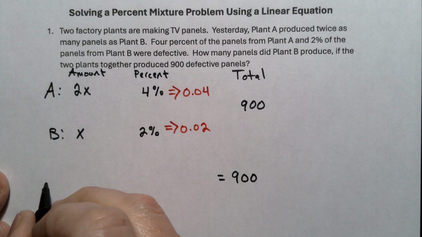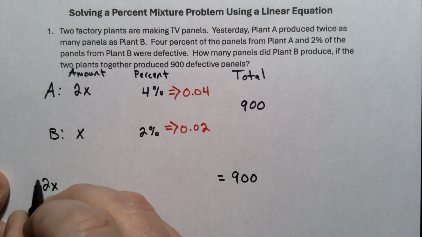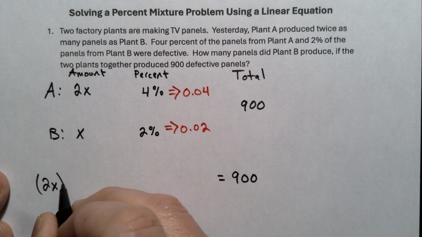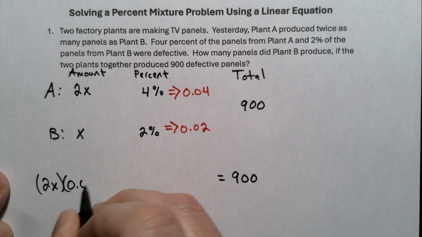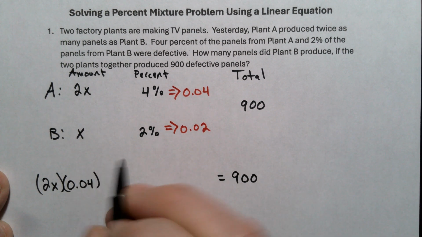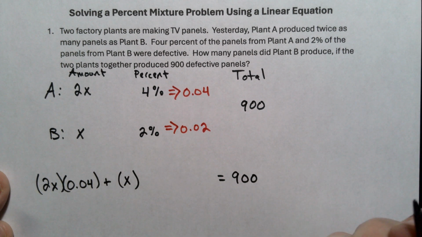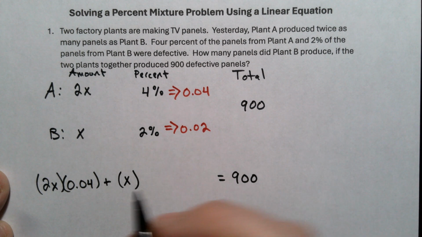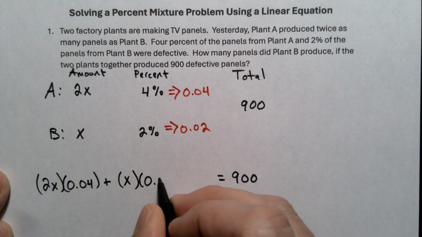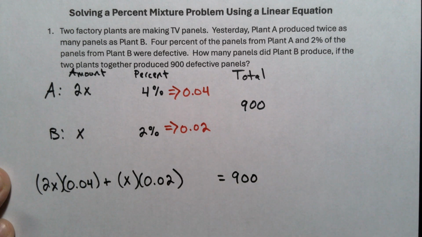So we have 2x, and what percent of 2x is defective? 4%, so I'll write it as 0.04. Then we have x for plant B, and what percent of those are defective? That's going to be 2%, so 0.02. Now what I want to do is multiply these things through and then combine them together.